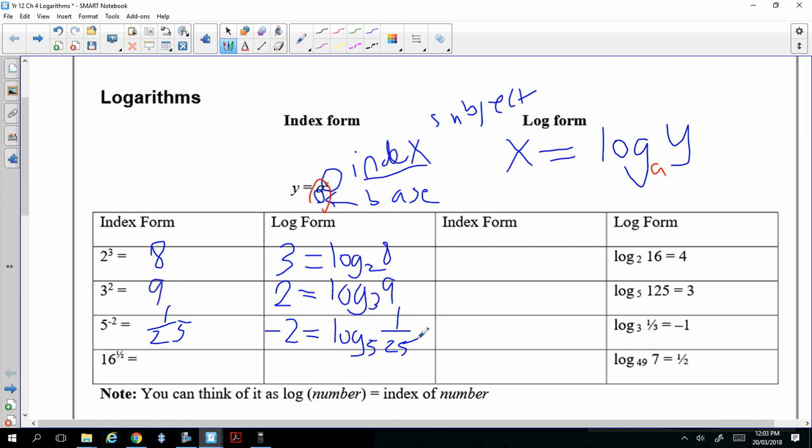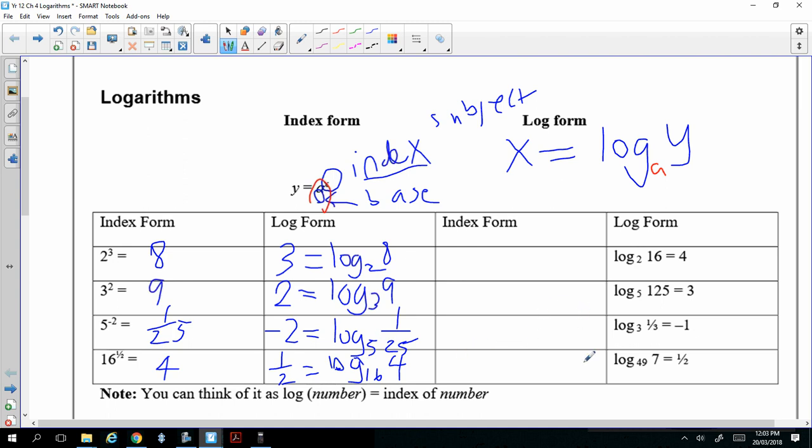And finally, 16 to the power half is 4. It's a square root, so you write half equals log base 16 of 4. Any question?